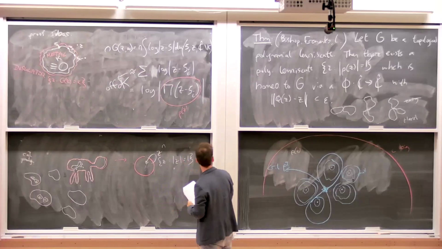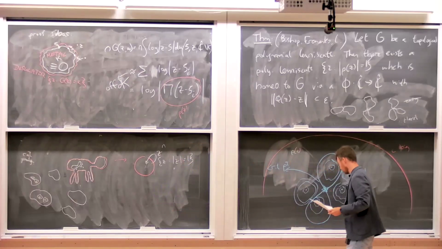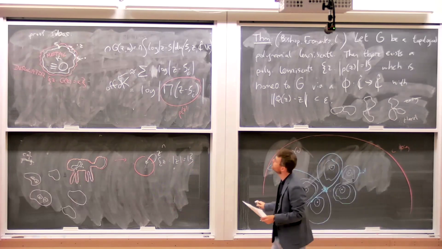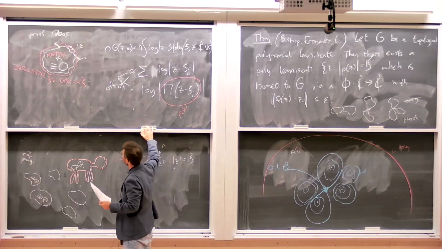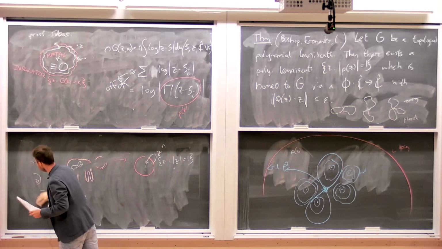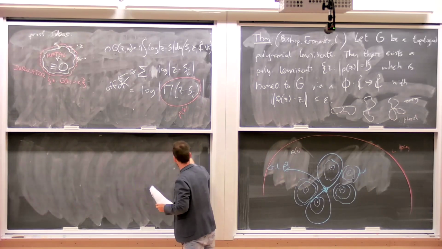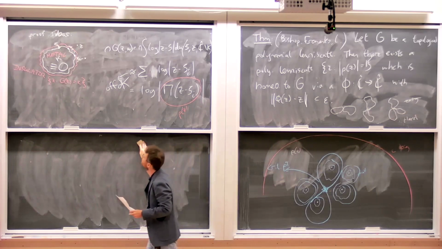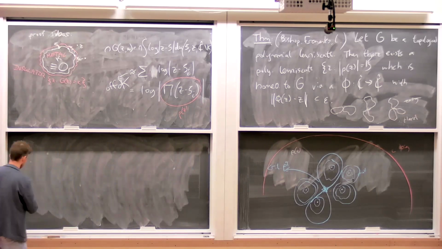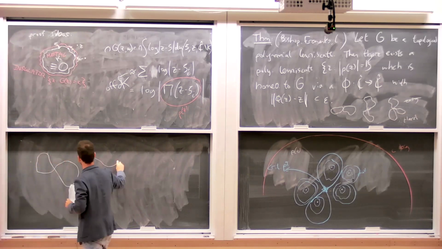Right, so what is the difficulty when you're trying to do a similar argument with vertices? When the thing you're trying to approximate is not a union of Jordan curves, well, if it looks something like this, this is what you want to approximate.